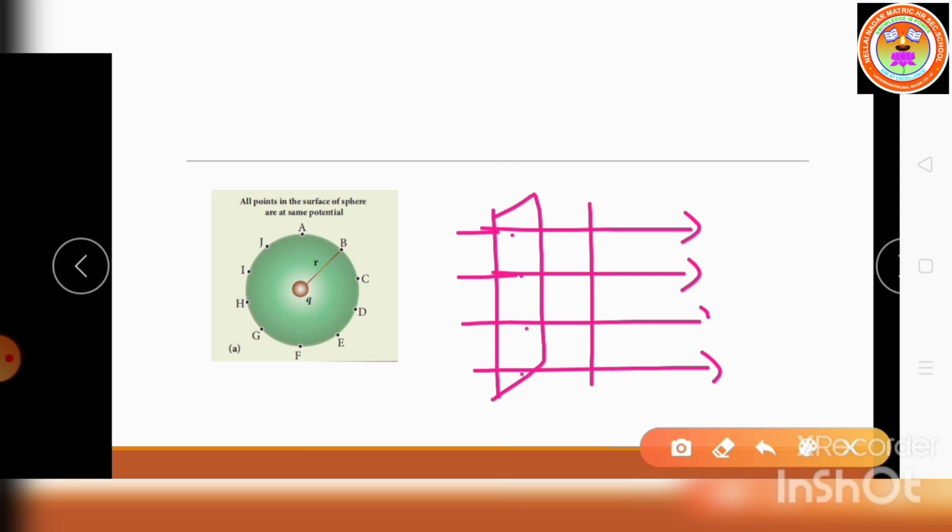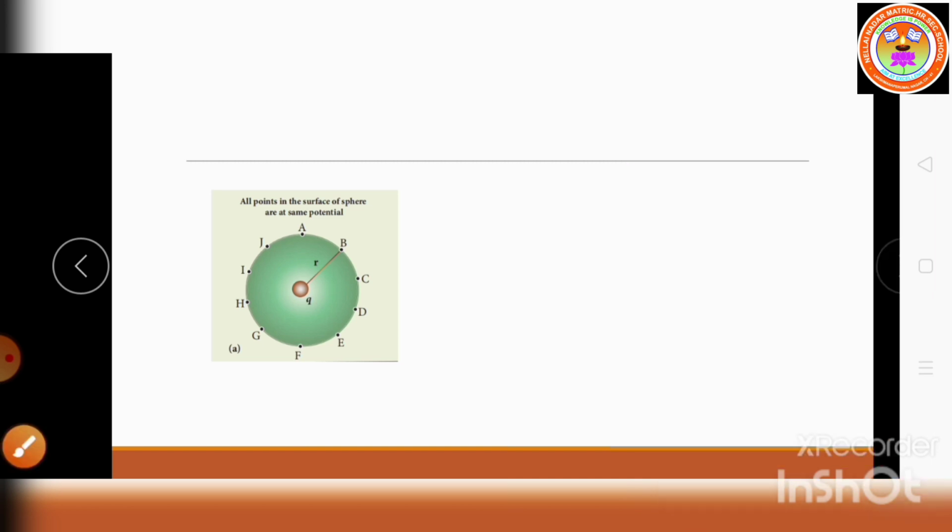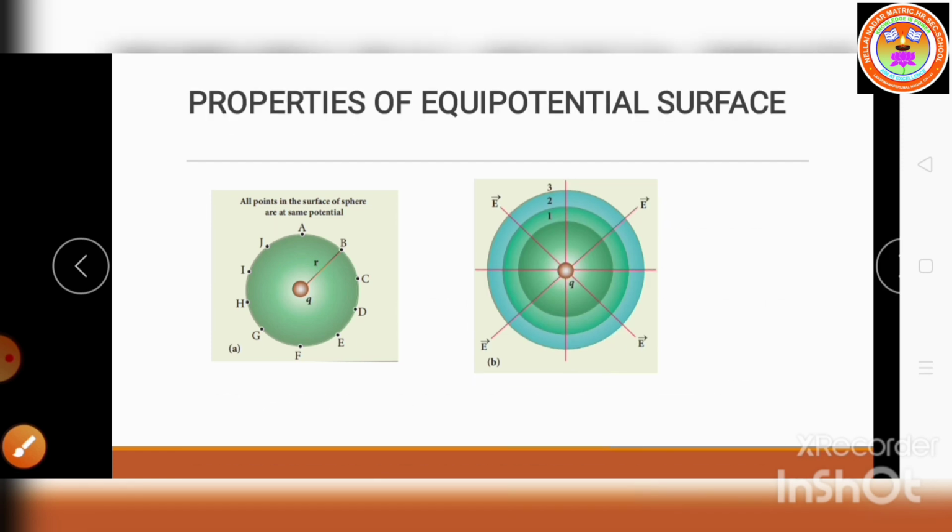If I consider another plane, here also all the points will have the same potential. So for a uniform electric field, the equipotential surfaces form a set of planes that are normal to the electric field. Thus we can now discuss the properties of equipotential surface.